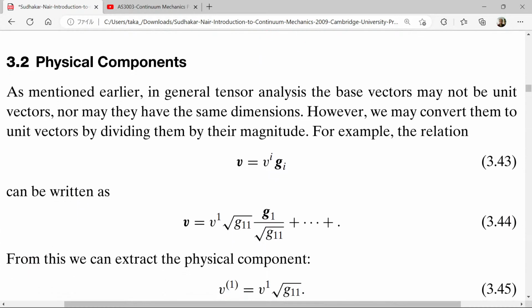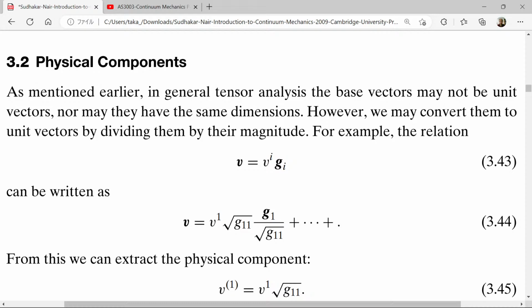Physical components. As mentioned earlier, in general tensor analysis, the base vectors may not be unit vectors, nor may they have the same dimensions. However, we may convert them to unit vectors by dividing them by their magnitude.